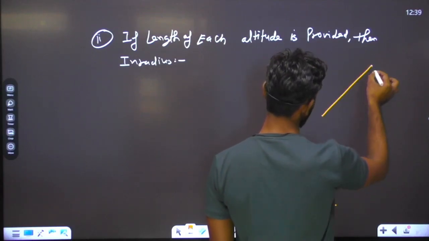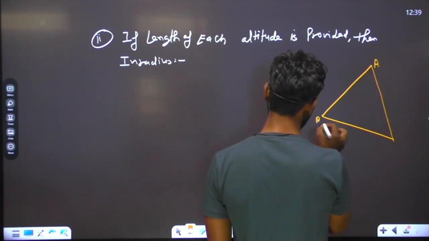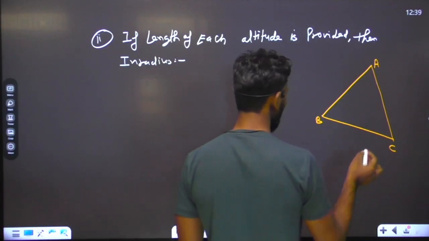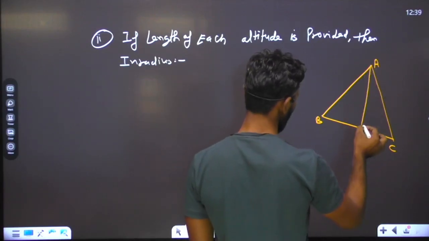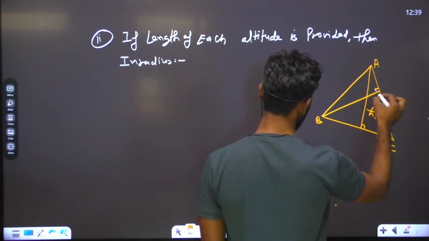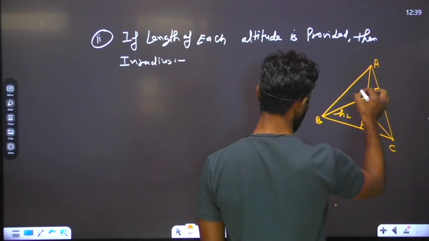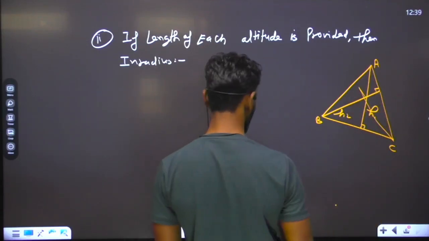Suppose this is a triangle, and all its altitudes have been provided here.